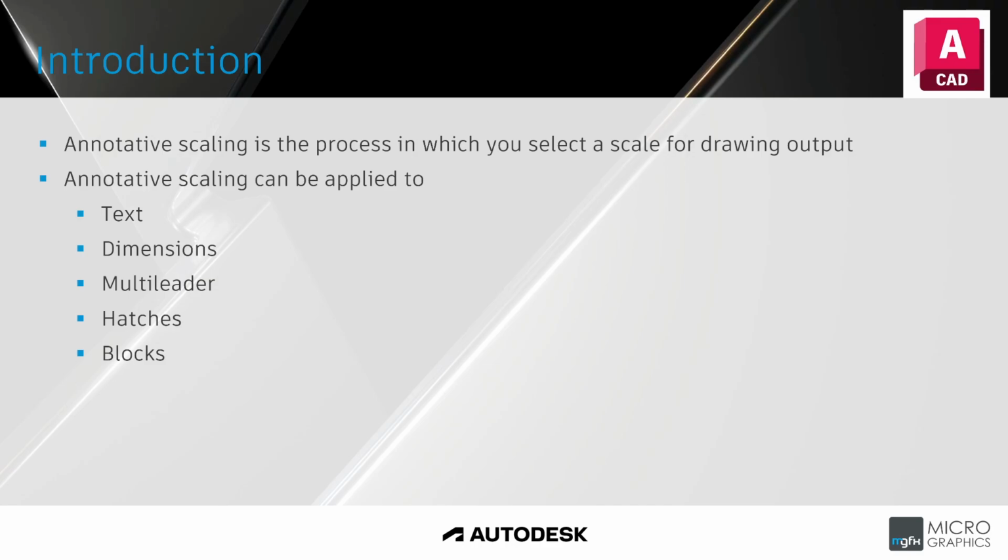No matter how big you've created your text or your dimensions or your multi-leader text, when it comes to putting it on your paper space and being able to print it, no matter what scale you've got, it will size the text or the object to the appropriate height so that everything looks uniform on that one piece of paper.